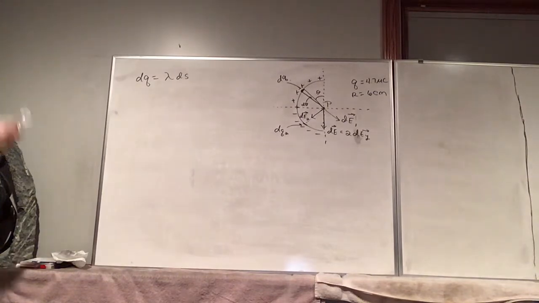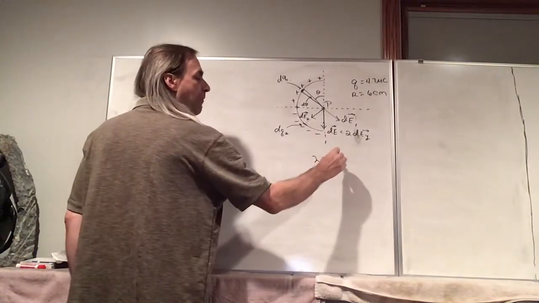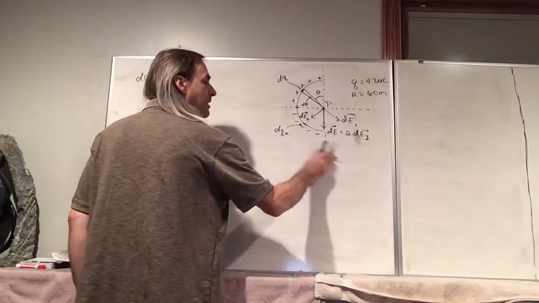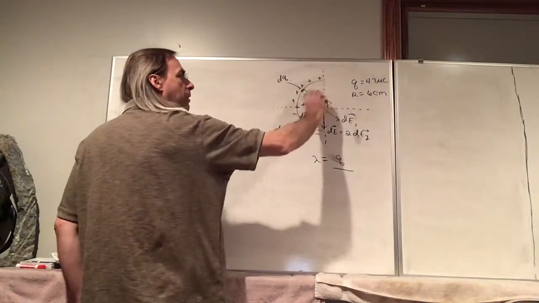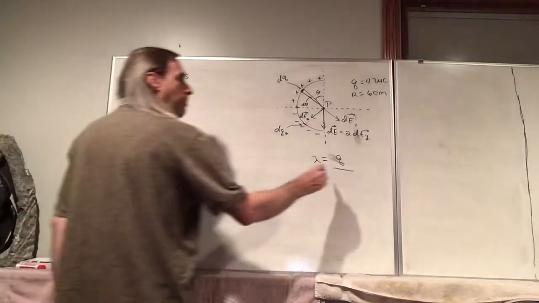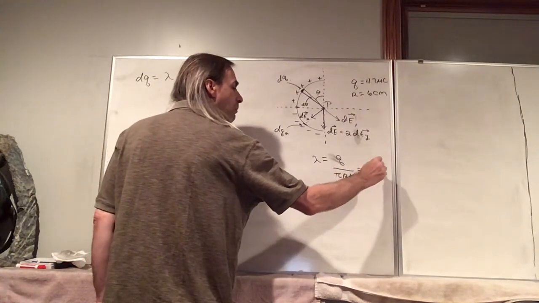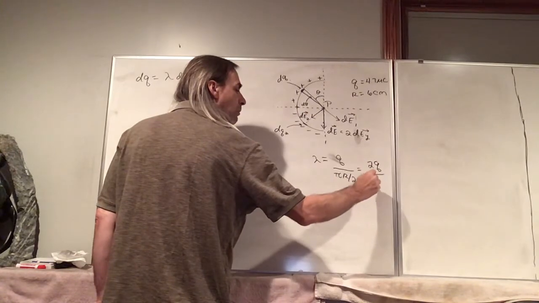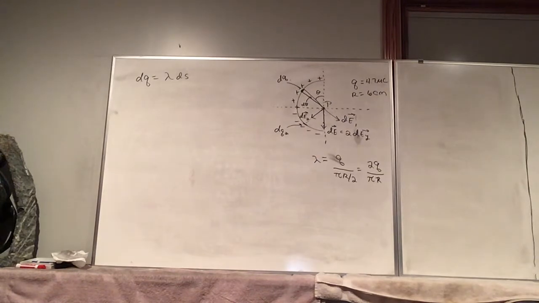And so we have the charge density times the arc length, where lambda, that would be 4.7 microcoulombs, so let's just say q. Let's just look at going from here to here. That is a quarter of the circle. So the circumference of a circle is 2 pi r, so this would be pi r over 2. So lambda is 2q over pi r.